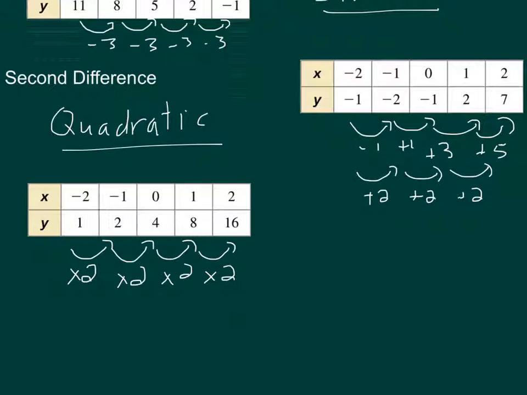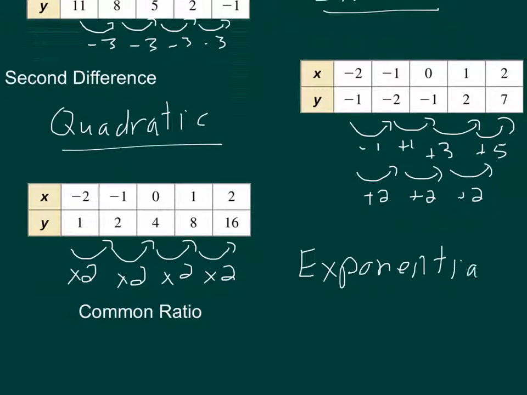That's something called a common ratio. And with this common ratio, it's similar to a first difference or a second difference in that it relates one term to the next, but a common ratio actually represents the fact that this is going to be an exponential situation here. This is an exponential function.